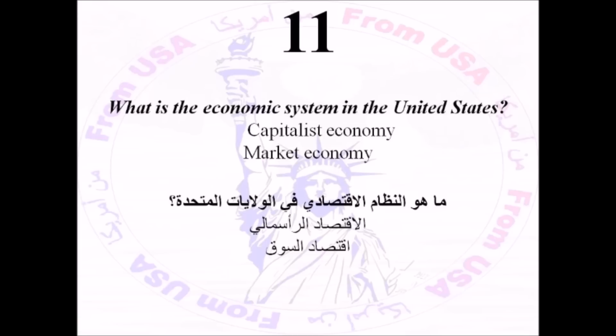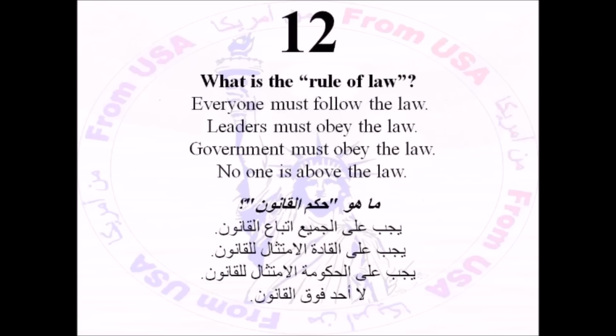You can say that we have a capitalist economy or market economy. Number 12. What is the rule of law? Everyone must follow the law. Leaders must obey the law. Government must obey the law. No one is above the law.